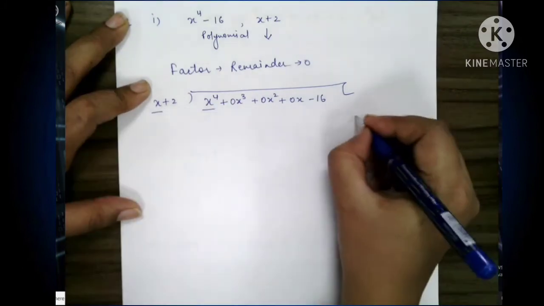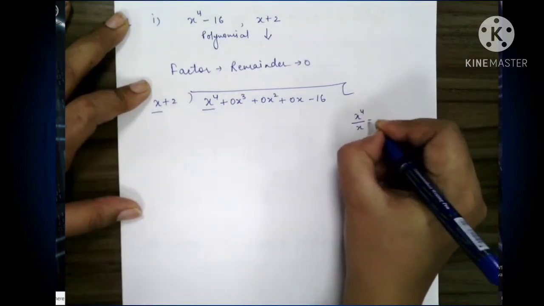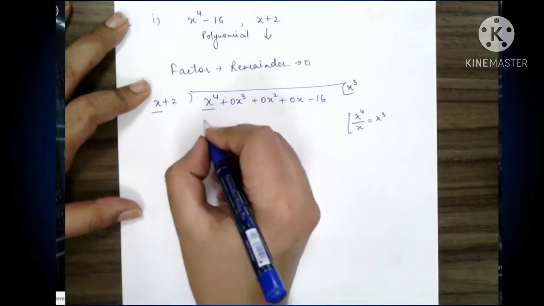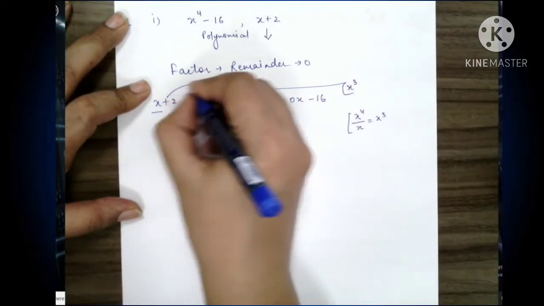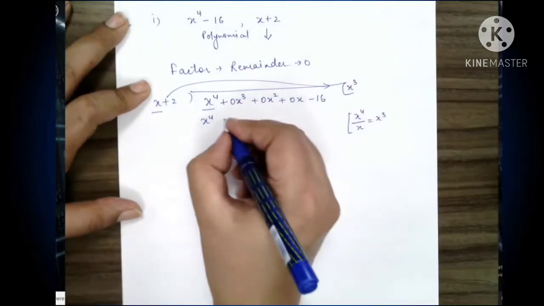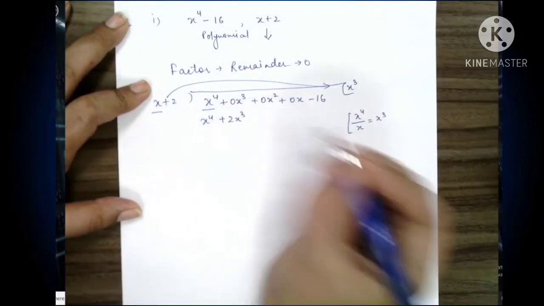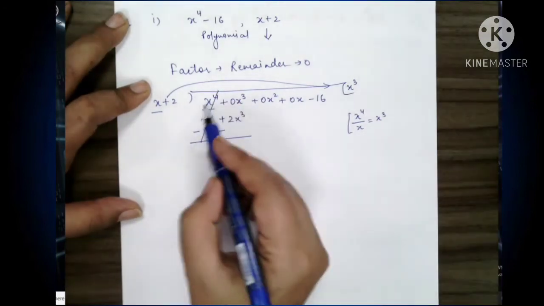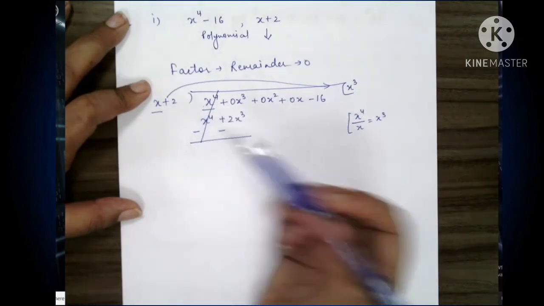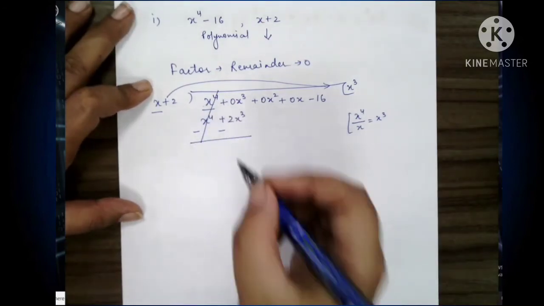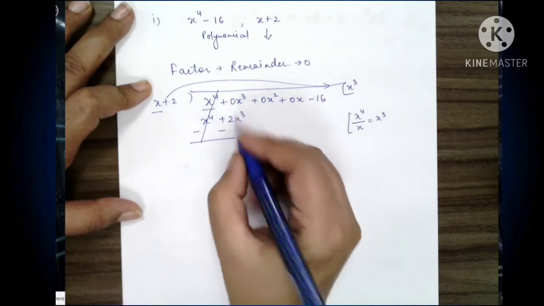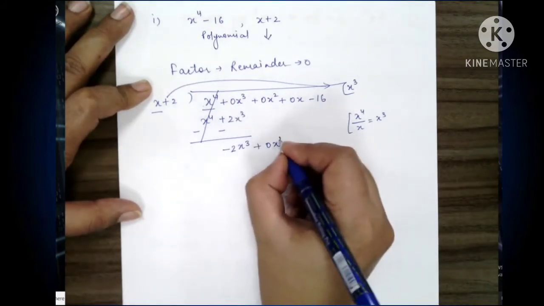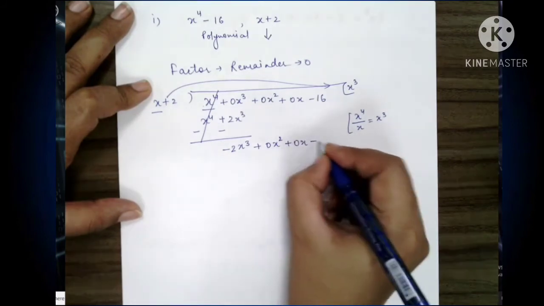First term, x raised to the power 4 by x, we get x cube. So first term as it is and remaining term multiply here. It is your 2x cube. Sign change. First term cancels. X cube must come. 0 minus 2 we get minus 2, plus 0x square, 0x minus 16.